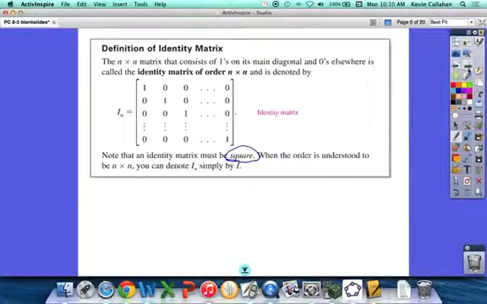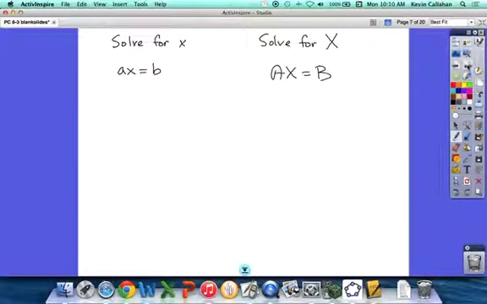Okay. Once we have the concept of identity matrix, then we can get at this. Last time we solved matrix equations by doing addition, subtraction, and scalar multiplication. That was all we really had in our toolbox. Now we need something else. This is a real number algebra equation.